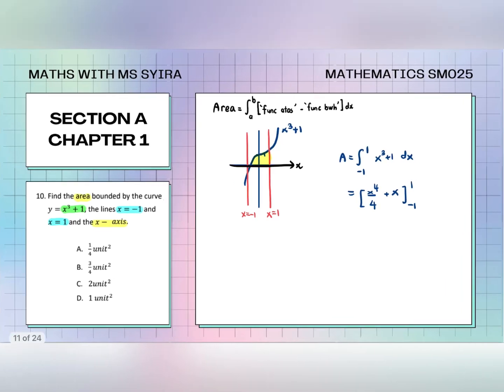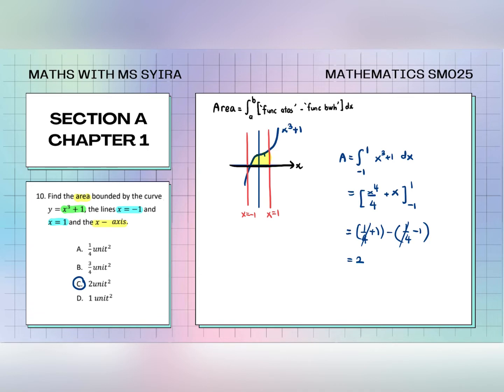Dah speaking Malay dah saya. So it will be apa? 1 over 4 plus 1 minus negative 1 to the power of 4 will be 1 over 4 again. Tapi this time kita akan minus 1. Kamu nampak sini 1 over 4 minus 1 over 4 will be 0. And then 1 minus dengan negative 1 will be 2. Tak payah guna calculator lah, cepat sikit. So the answer will be C.